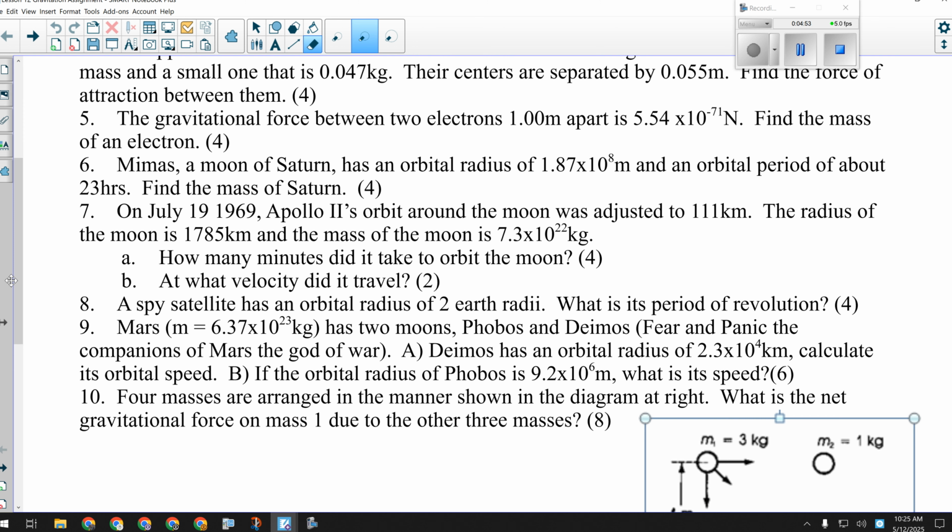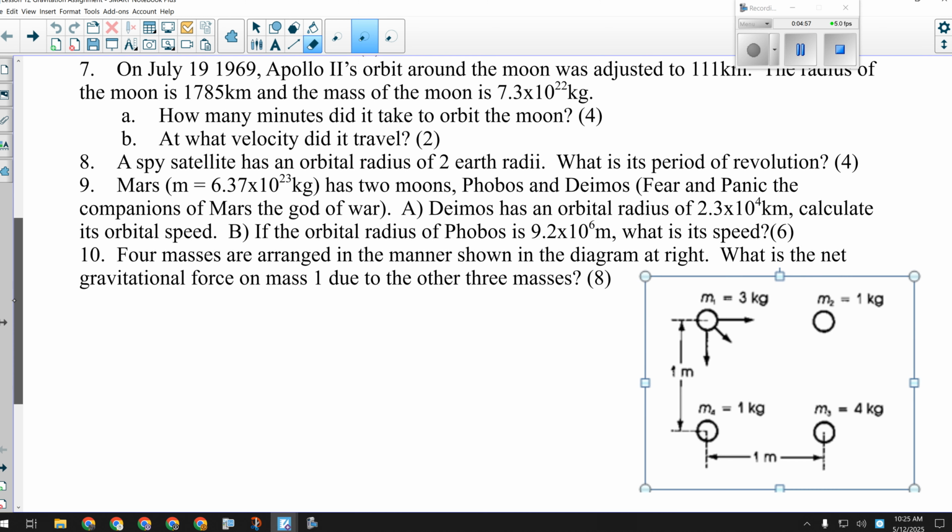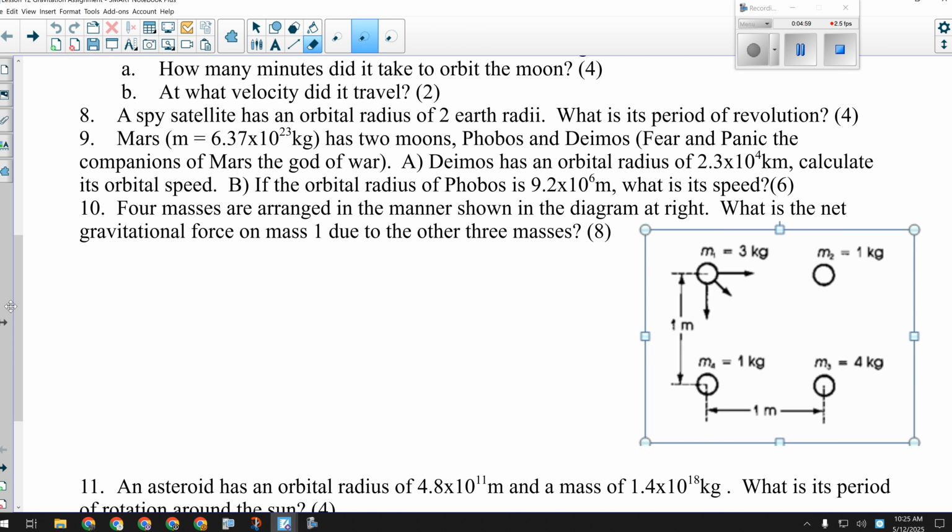And then for number 10. Number 10 is probably the most work. It is a net gravitational force question. You are looking for the net gravitational force on mass 1 due to its interactions with masses 2, 3, and 4.